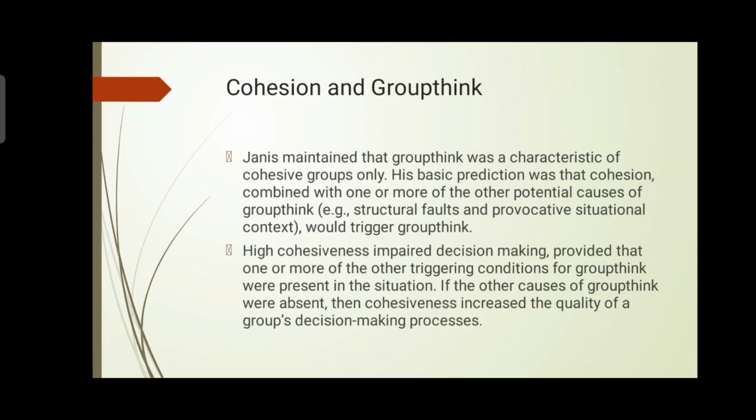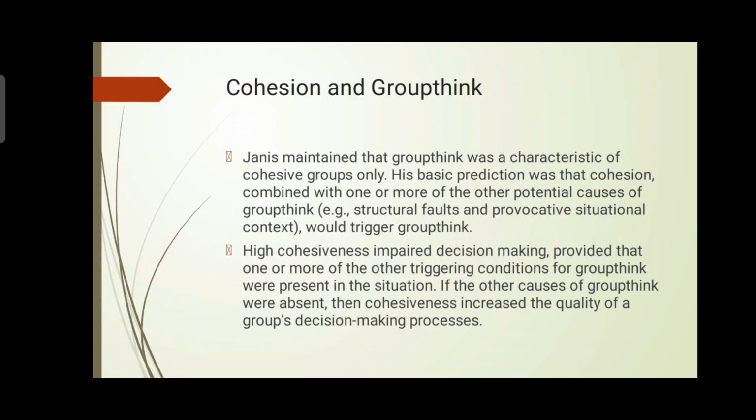On cohesion and groupthink, Janis maintained that groupthink was a characteristic of cohesive groups only. His basic prediction was that cohesion combined with one or more of the other potential causes of groupthink, for example the structural faults and provocative situational context, would trigger groupthink.